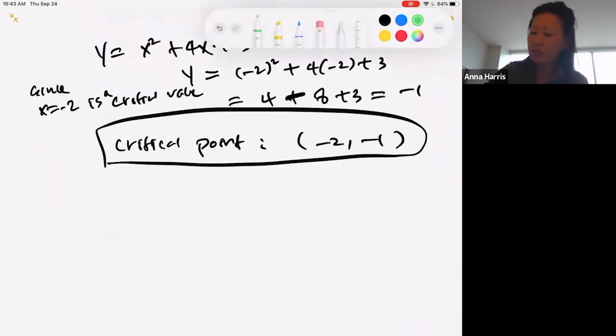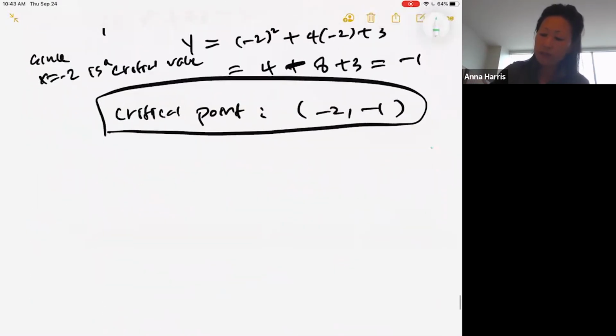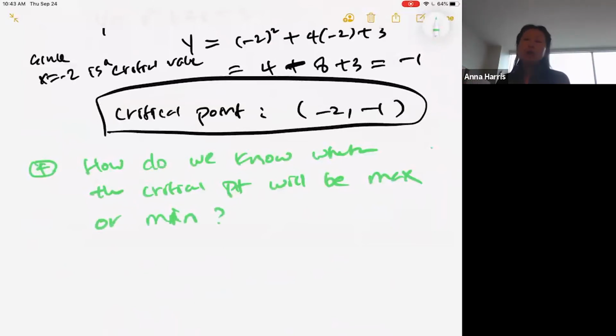So we got 3 and our 4th question here: how do we know whether the critical point will be a max or a min? What do I need to do? What's our answer to that?